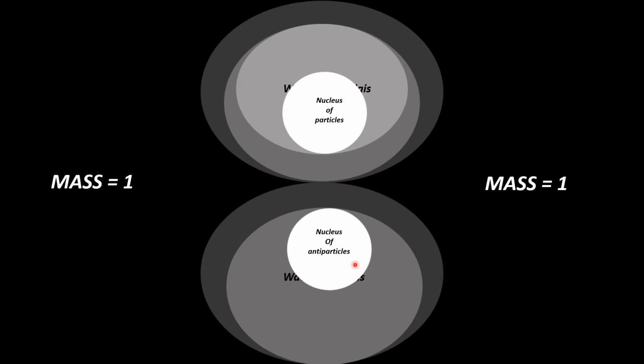So now inside the nucleus of particles we have the neutron, and inside the nucleus of antiparticles we have the antineutron, as well as the proton on the side of the particles, and an antiproton on the side of the nucleus of antiparticles.